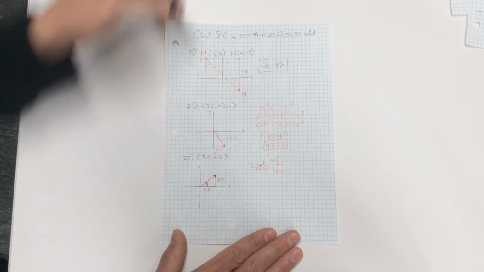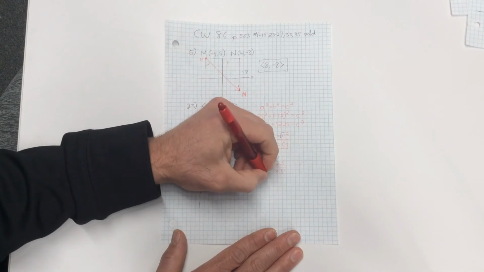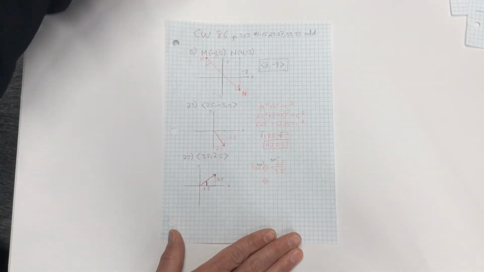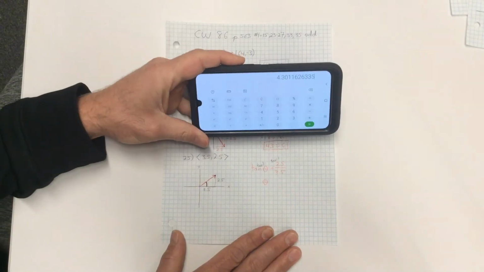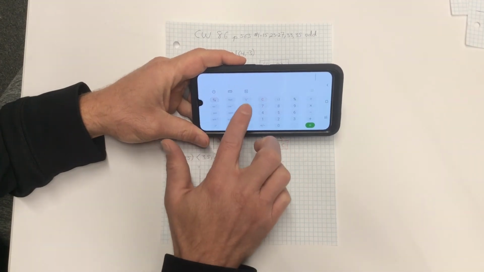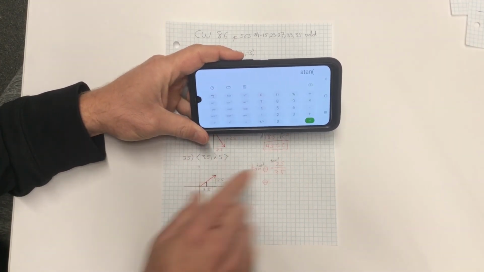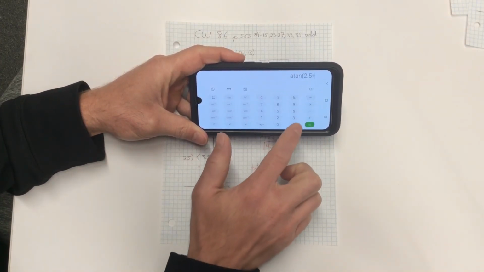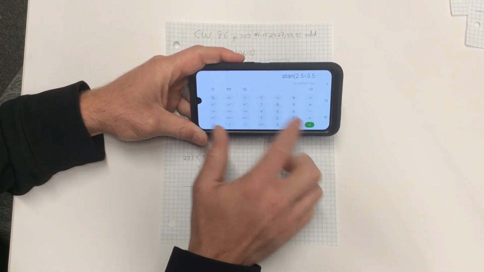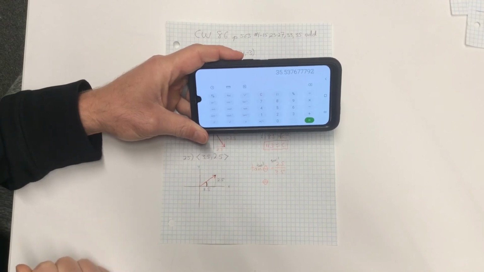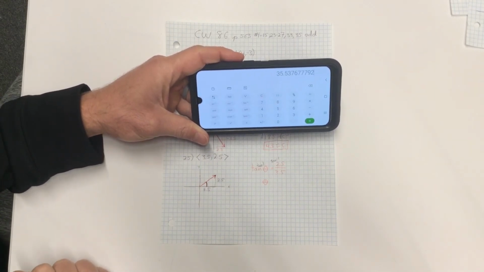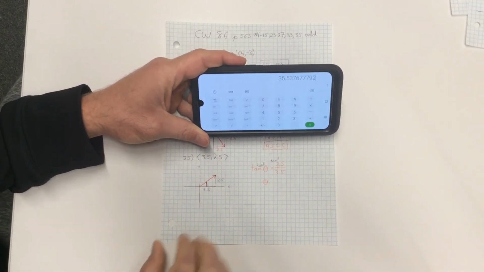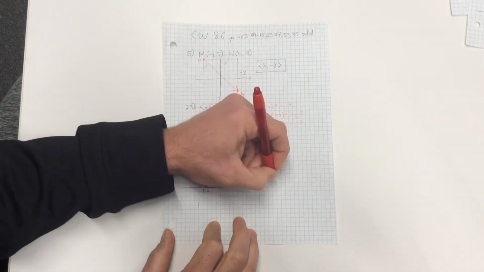So we're just going to inverse tangent both of those, and we'll find out what my beautiful angle is. Okay, so clear that out. Switch over to inverse tangent of 2.5 divided by 3.5 equals. Checking. This is a live demonstration. Yes, we're going to round to the nearest whole degree. So that is 36 degrees.